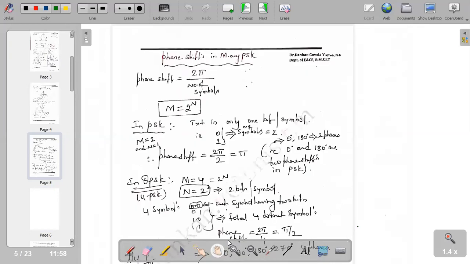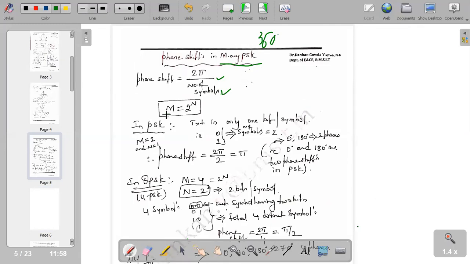Observe here now. What is the phase shift of M-ary PSK? We can write it as the phase shift of M-ary PSK is equal to the total angle, 360 degrees, divided by the number of symbols. What is the number of symbols here?